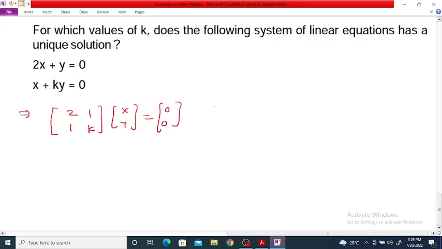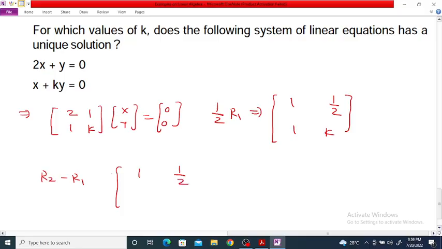Now if we multiply r1 by 1 by 2, we get (1, 1 by 2; 1, k). Then using the row operation r2 minus r1, we get (1, 1 by 2; 0, k minus 1 by 2) times (x, y) equal to (0, 0).